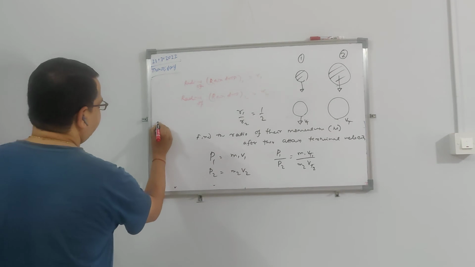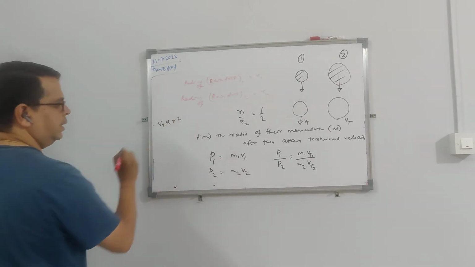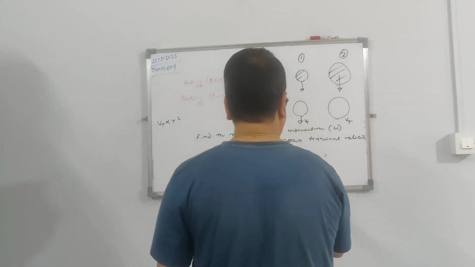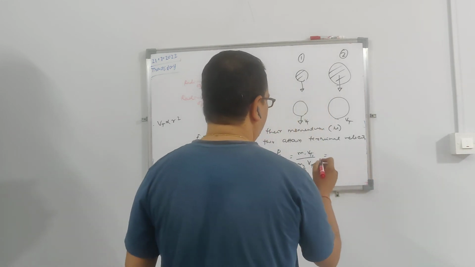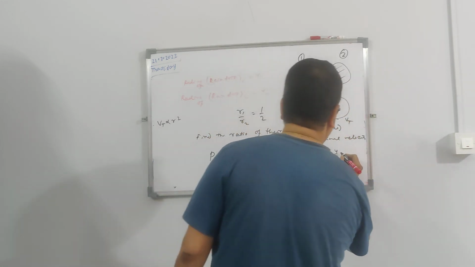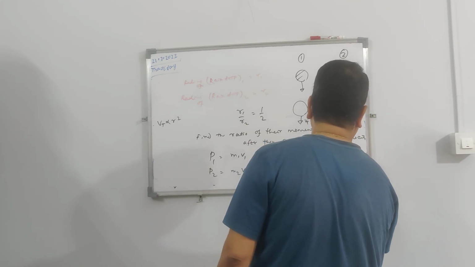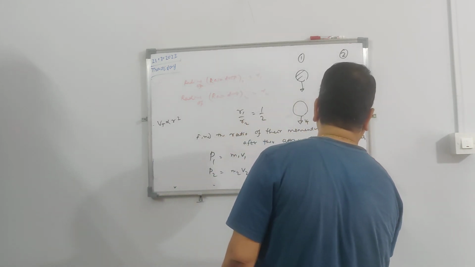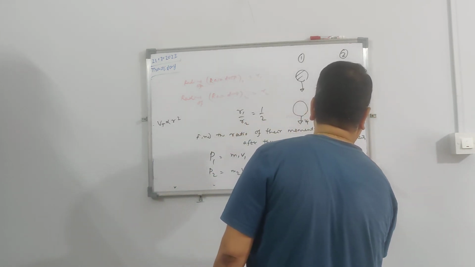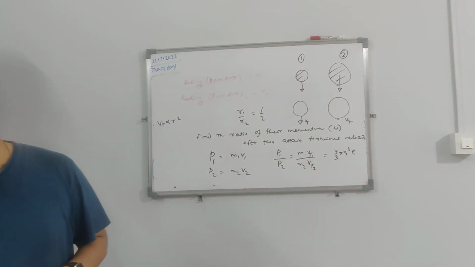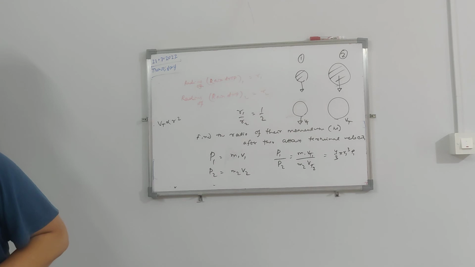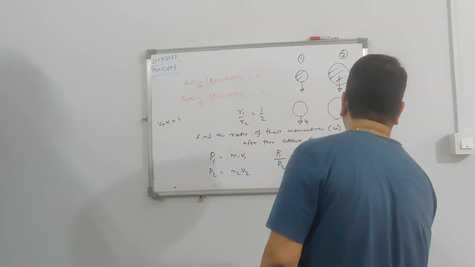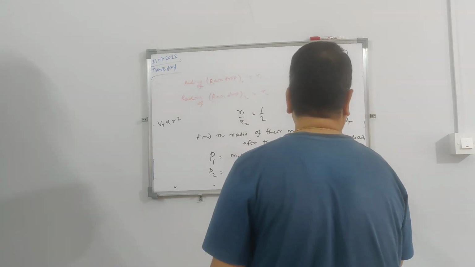I know that Vt is directly proportional to R square. And m1 is nothing but your 4 by 3 pi r1 cube into the density of the ball, into Vt1, which is directly proportional to r1 square.